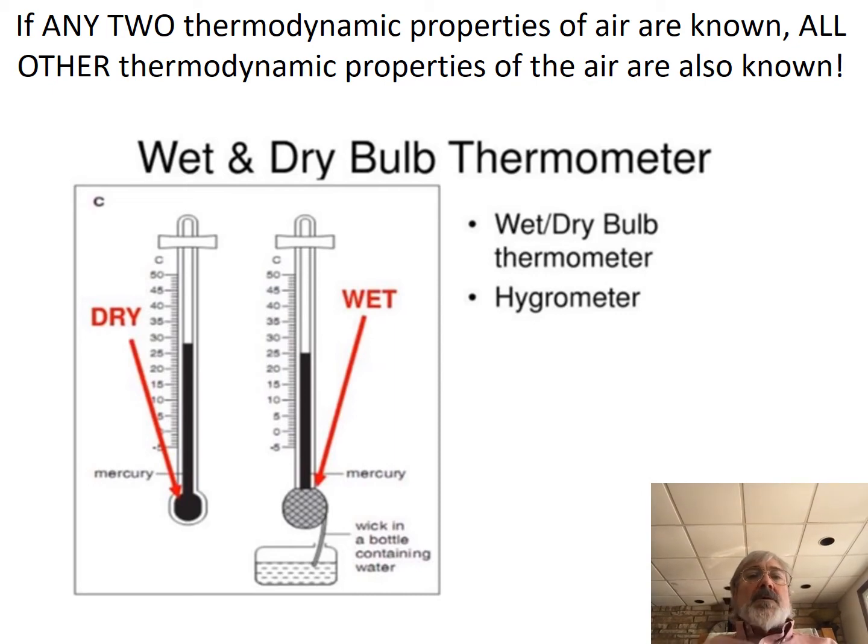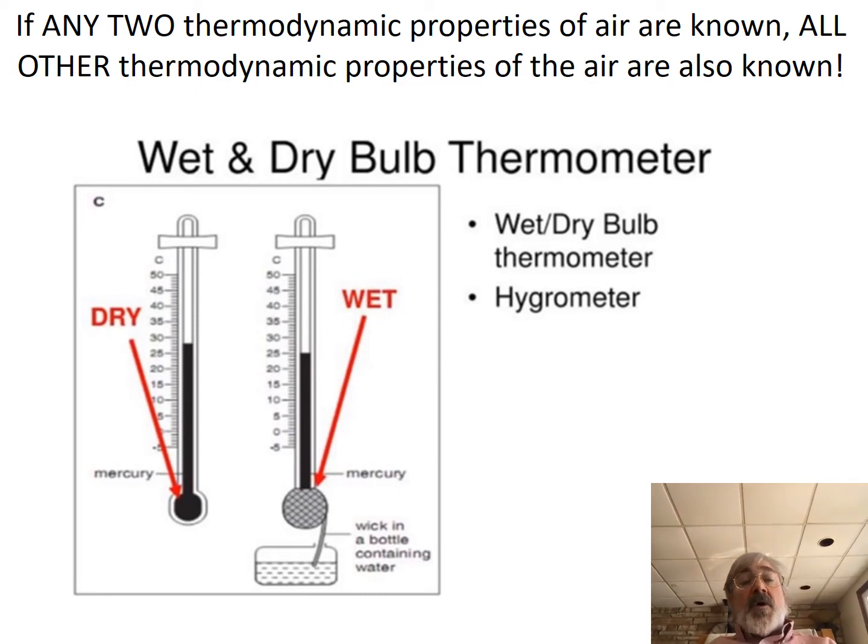So the easiest way to measure both these thermodynamic properties is using a wet bulb and dry bulb thermometer. We all know a dry bulb thermometer, and we know that a wet bulb thermometer is really a dry bulb thermometer that's got a wick on it, and the wick is constantly saturated with water.